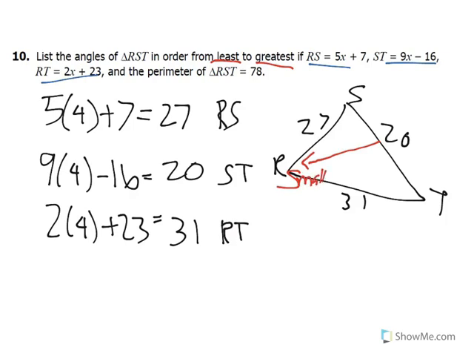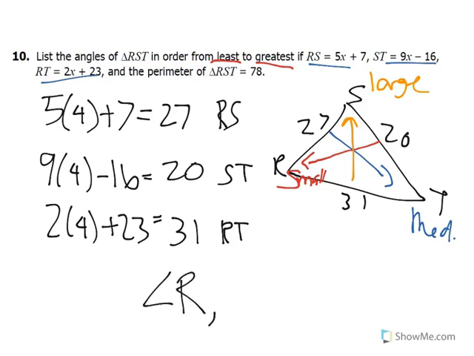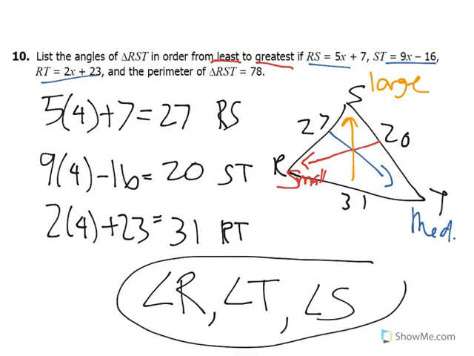My next would be 27, so this is my medium angle. And then the largest is 31, so that is my largest angle. So now we're going to put them in order from least to greatest. So that would be angle R is the smallest, angle T is medium, and angle S is the largest. And that's it for this video.